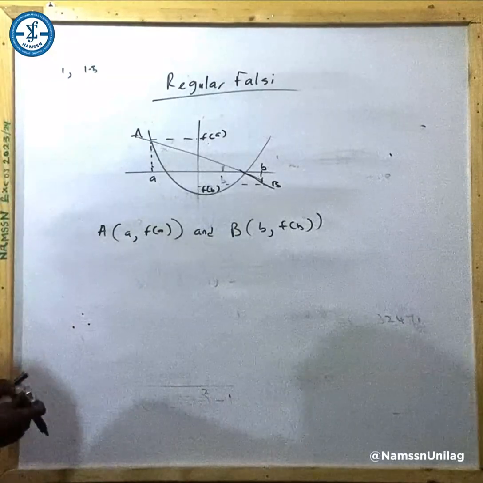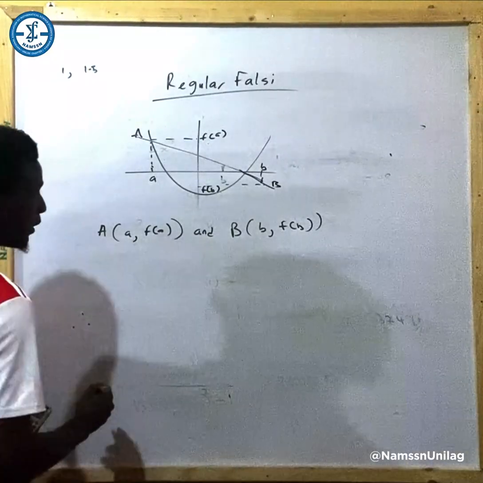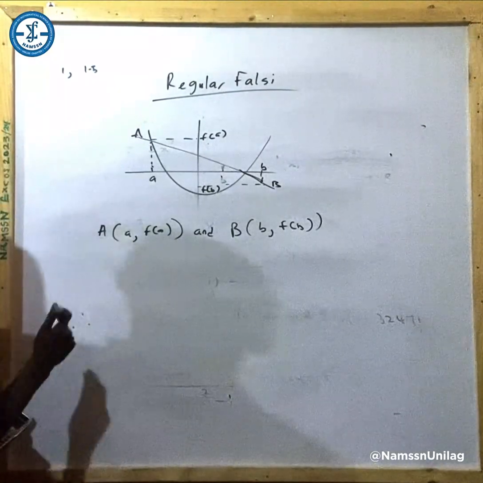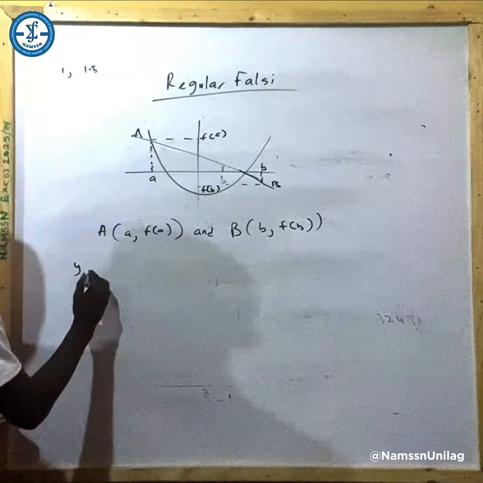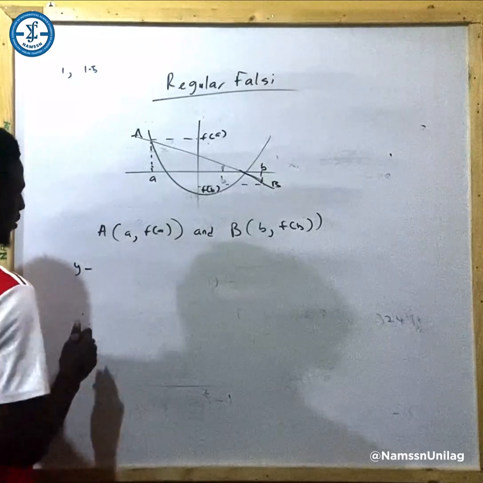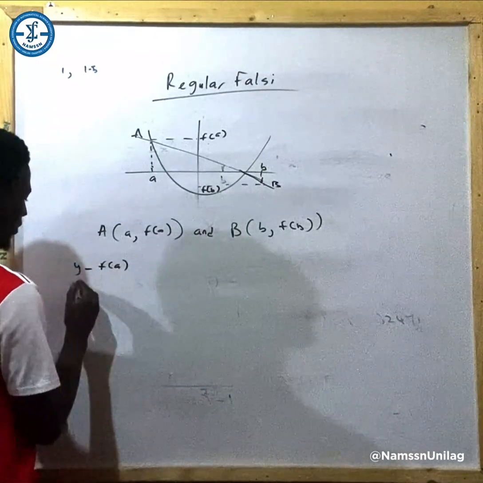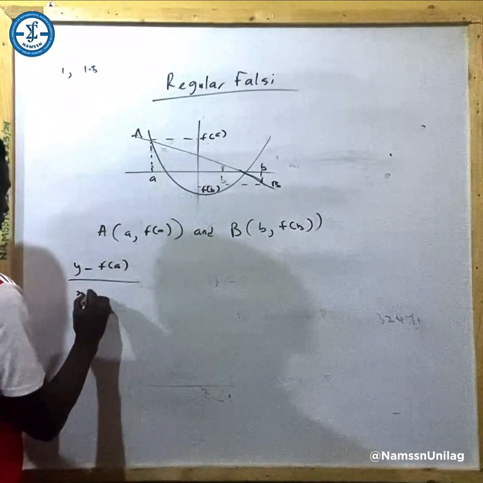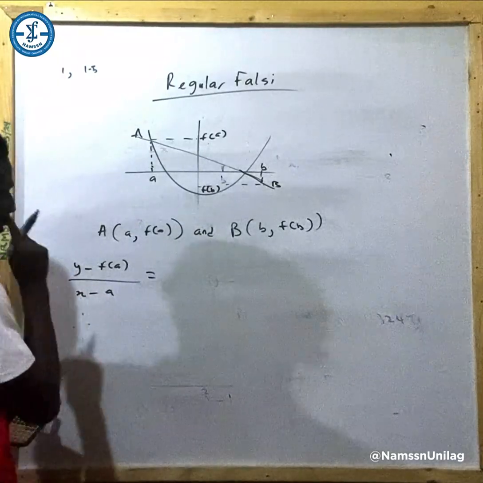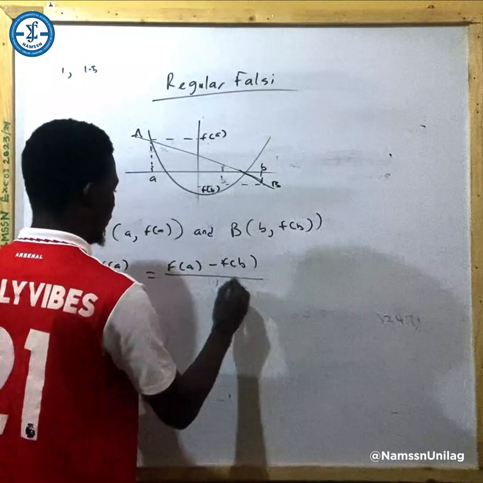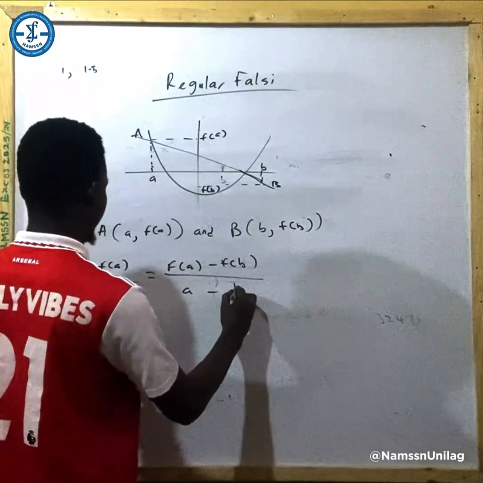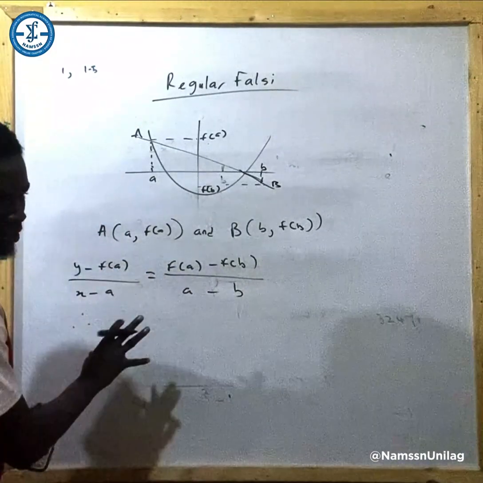So if you use the 2-point format to find the equation, you have y minus f of A over x minus A equals f of A minus f of B over A minus B. So this is the scheme you have.